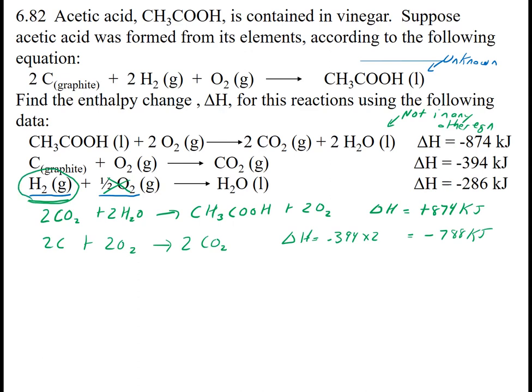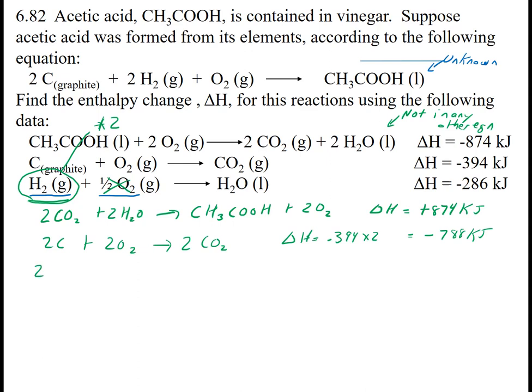Okay. So again, I want to look at what side of the reaction it's on. Here it's on the left-hand side, or the reactant side of the reaction. Up here it's on the left reactant side, so I do not need to reverse. Here the coefficient is 2, here the coefficient is 1, so again I'm going to times 2. So I do that to the entire equation.